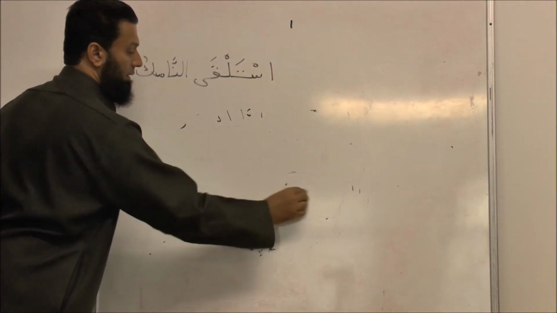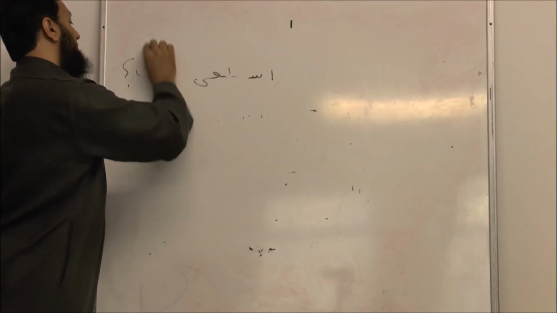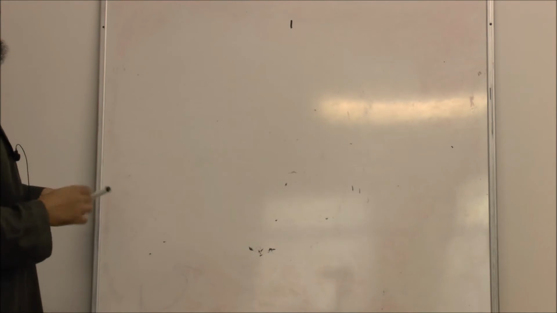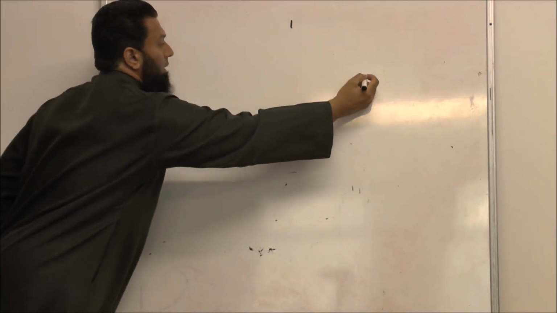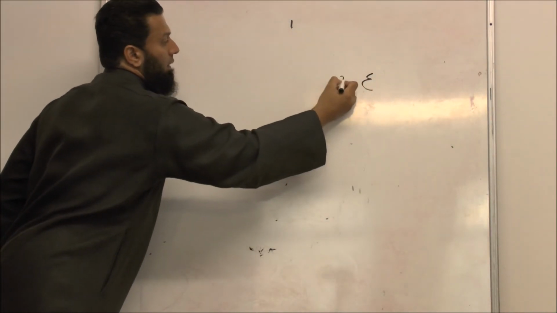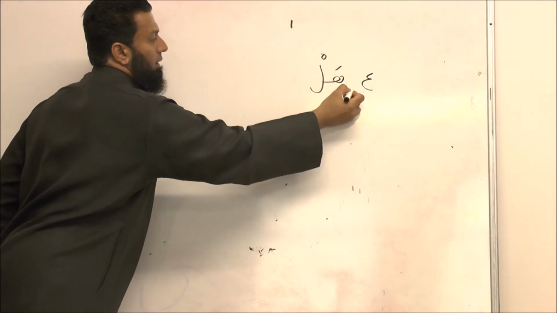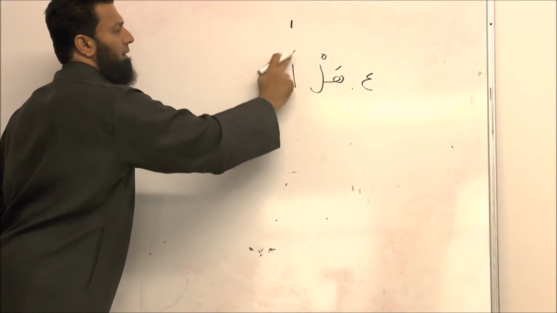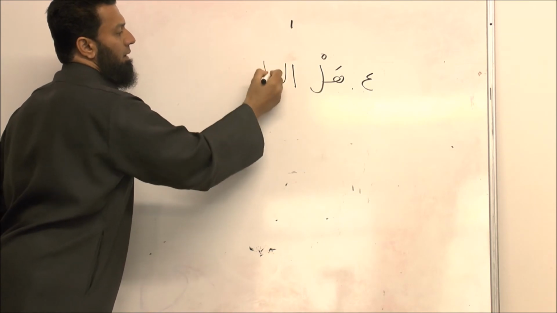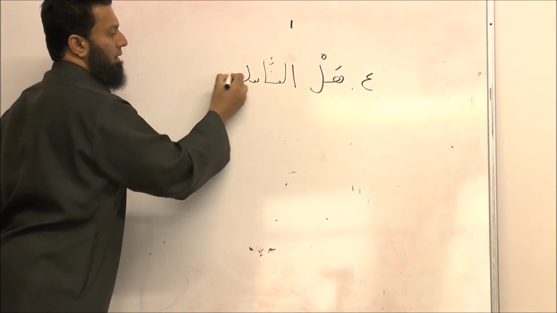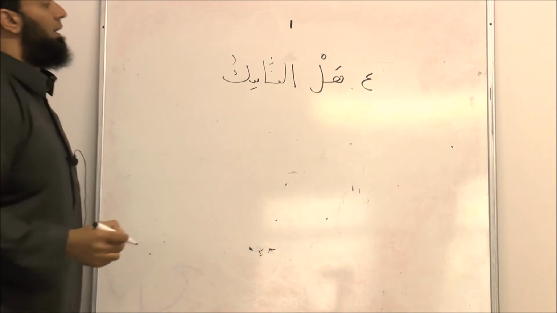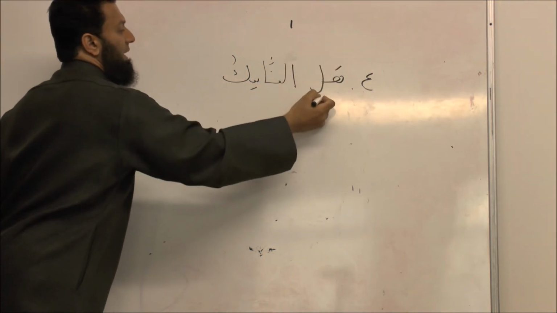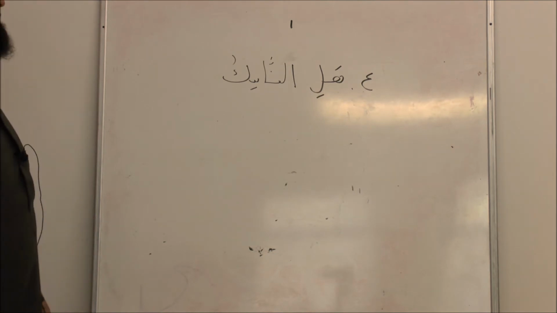Number 4 is هل الناسك متزوج. Actually, that would become halin because of the two sukoons.